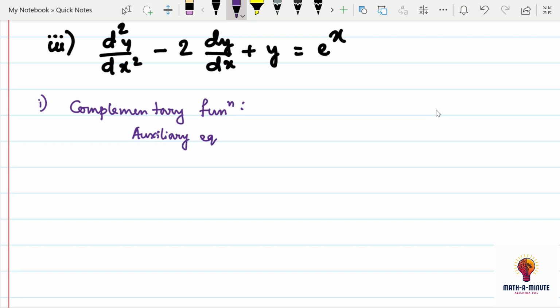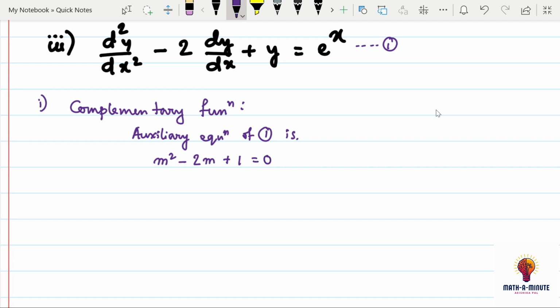The auxiliary equation of the given differential equation is m squared, because we know that in place of the second order derivative we write m squared, and in place of the first order derivative we write m, plus 1 equals 0.